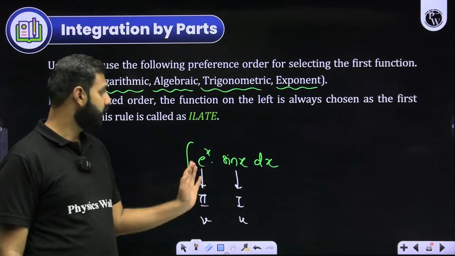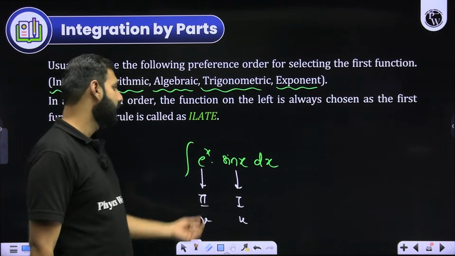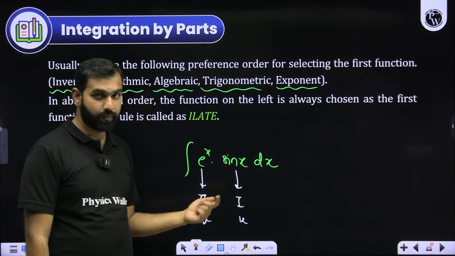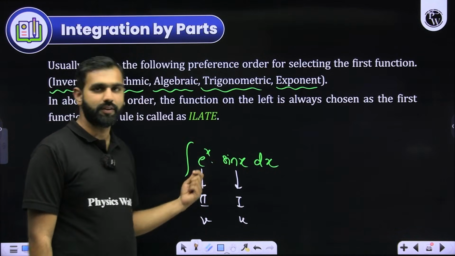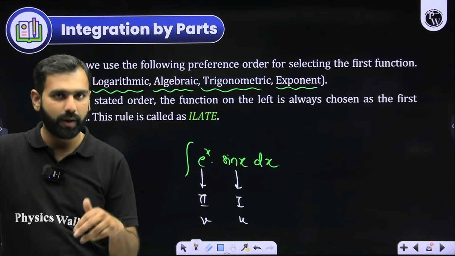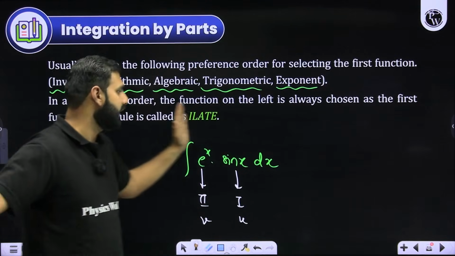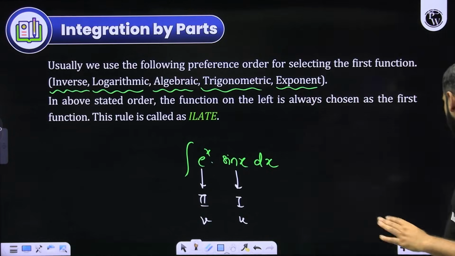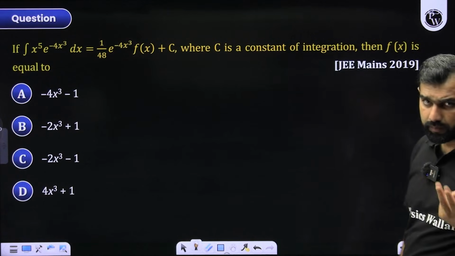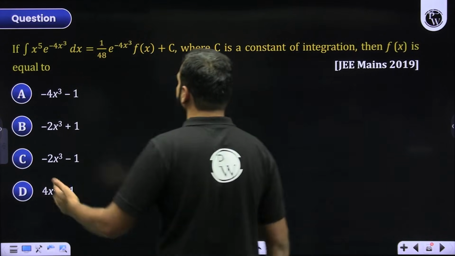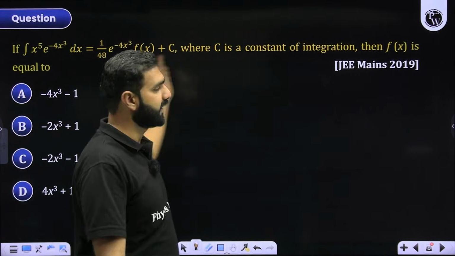And I hope you know the further process. How do I integrate it? First function as it is, integration of second minus integration of whole of differentiation of first into integration of second. And that's how you keep doing it. Did you get that part? I hope you're able to understand how you should use ILATE. This is the simple thumb rule which you should follow while solving questions based on the product of two functions which are supposed to be integrated. This is exactly what I'll try to make you understand through this example.